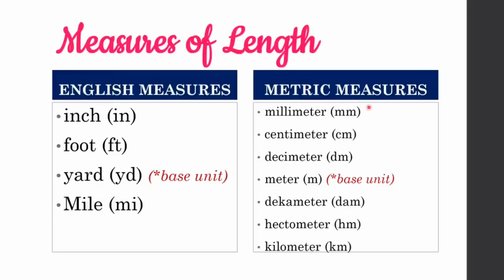As you can see in the metric measures, our units have prefixes. We have milli, centi, deci, and we are just adding our base unit, which is meter. So for you to identify if a unit is metric or English, if you can see that it is using prefixes such as these ones, then that is already a metric unit of measurement.